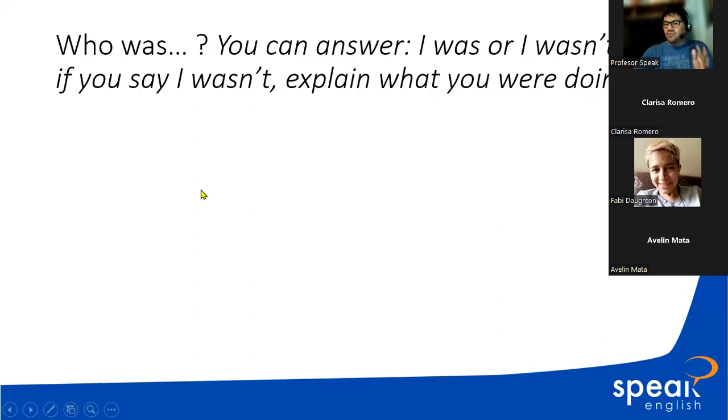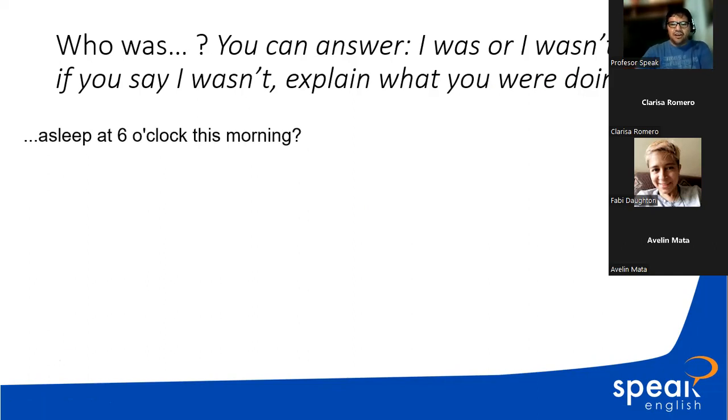And if you say, I wasn't, explain what were you doing? Okay, let's have a look. Look at the first one. It says, who was asleep at 6 o'clock this morning? You can open your microphone and say, I was or I wasn't.